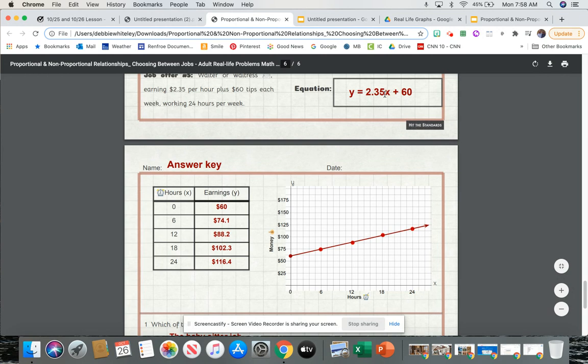X is the hours, so you know that your hourly rate is $2.35. So for every hour you work, you can multiply it times $2.35. So what is 6 times $2.35? You would add the 60 every time you do the calculation. You would multiply 6 times $2.35 plus the 60. Same thing for 12, 18, and 24.